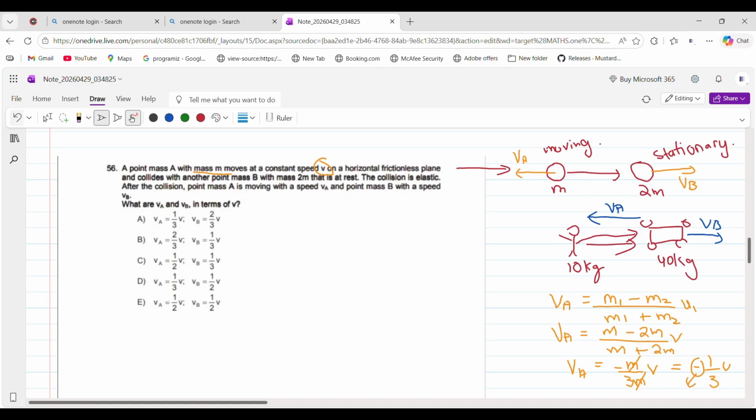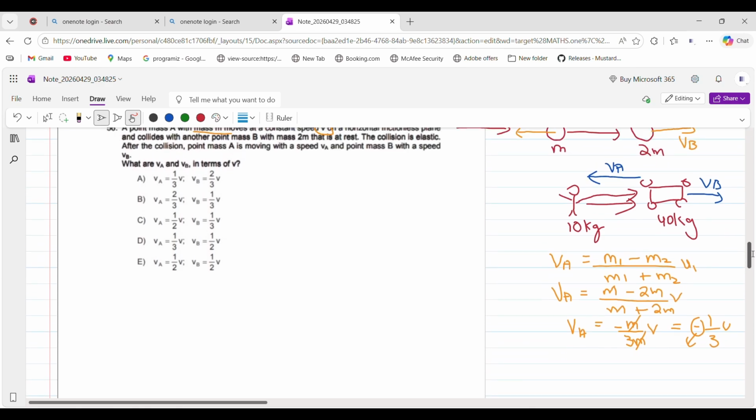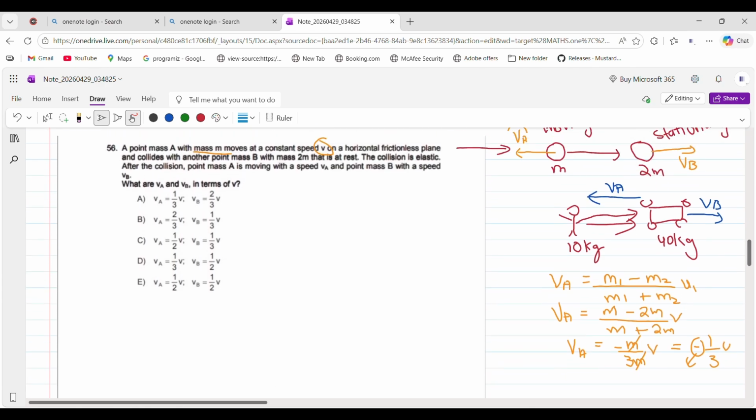I already told you the scenario, right? This velocity is in this direction because this body has lower mass than the other body. So of course after colliding with the second body that has higher mass, it will not have its velocity in the forward direction but in the backward direction. So this is showing the backward direction.